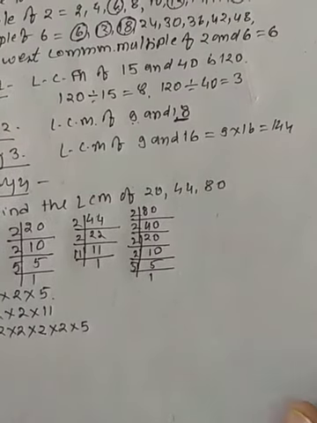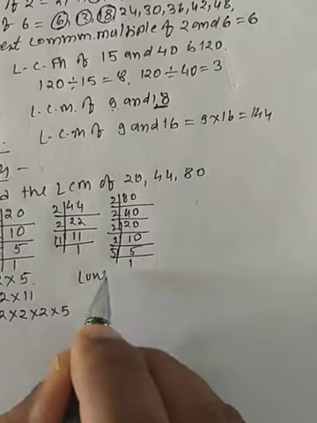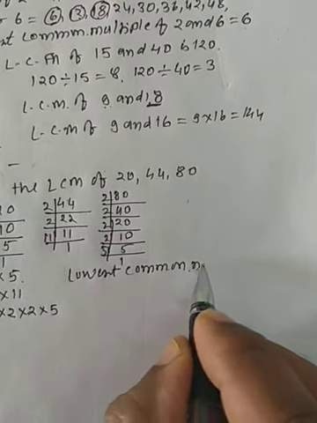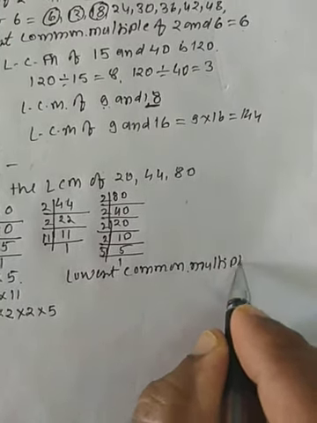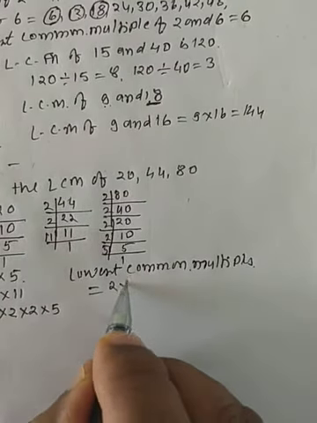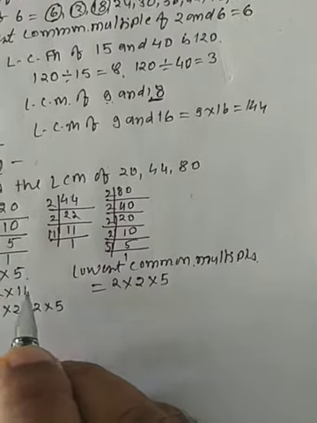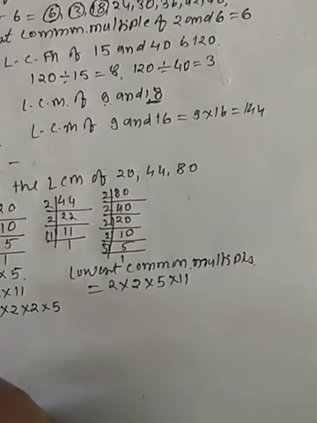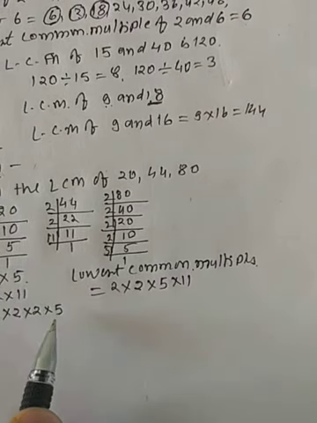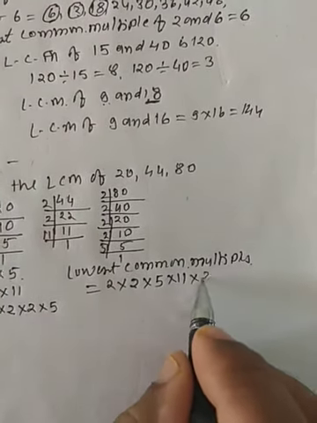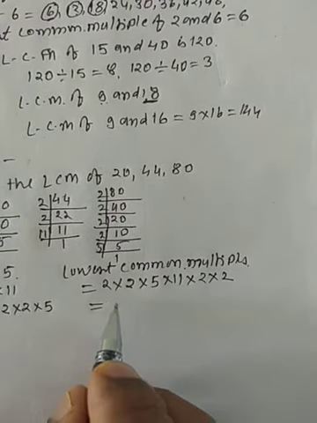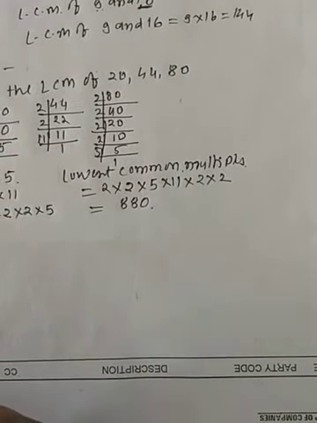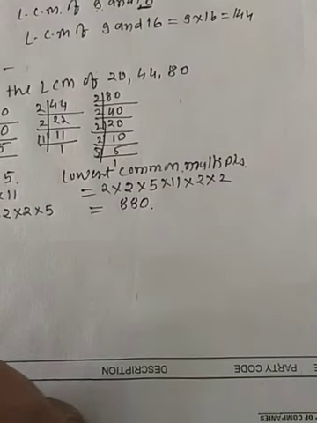So the lowest common multiple is equal to 2 into 2 into 5 into 11 into 2 into 2, since 2 into 2 into 5 is common in all three. This is equal to 880.